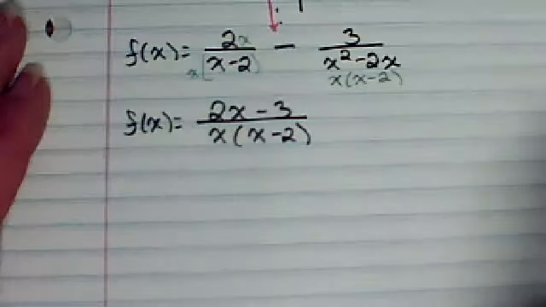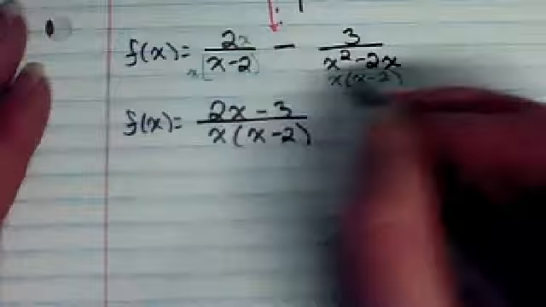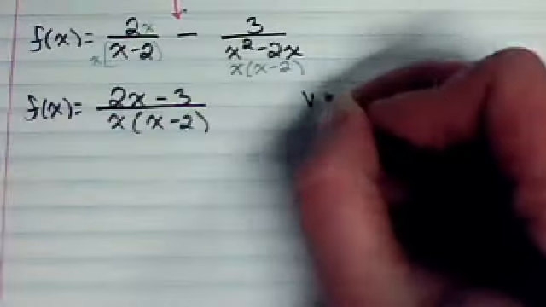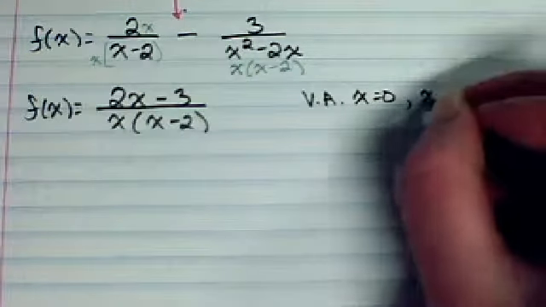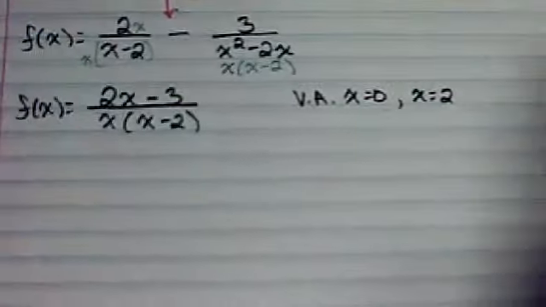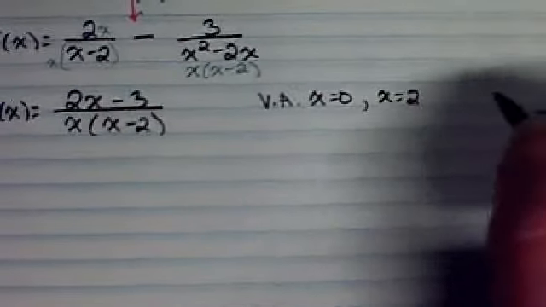So we end up with two vertical asymptotes, huh? And that doesn't factor anymore. So, okay, vertical asymptotes, we get one at 0 and another one at 2. Nothing divided out, so no holes.